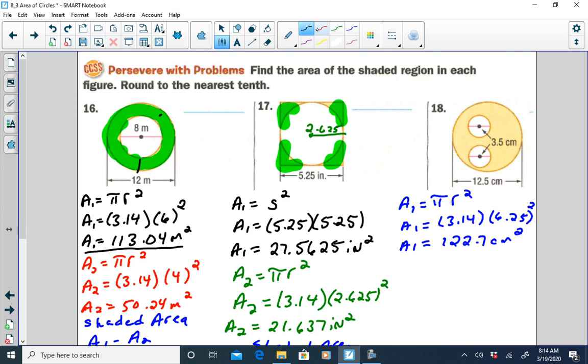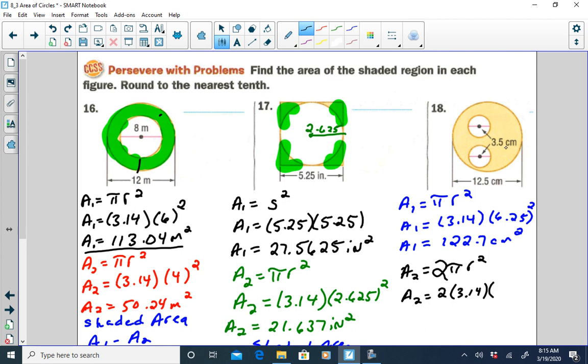But now we want to subtract 2 of those circles. So area 2 is going to be equal to pi r squared, but we have 2 of those circles, so I'm going to multiply that by 2. So area 2 is going to be equal to 2 times the 3.14 times the radius.